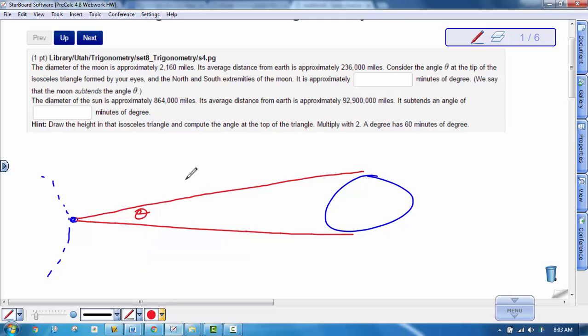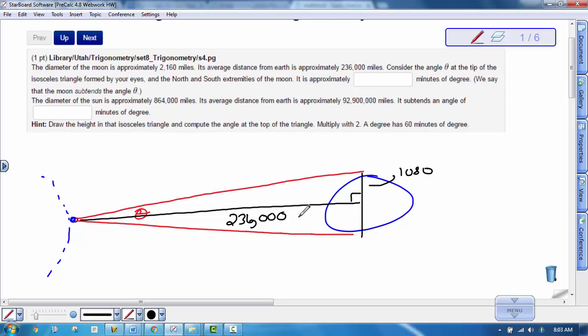Okay, so what we're going to do is they give us the diameter. We're going to draw a line straight to the center of the moon right there so we can make a right triangle. It says that this is 236,000 miles, and this is 2,160, so we're going to cut them in half and make this 1,080. So we have a right triangle.